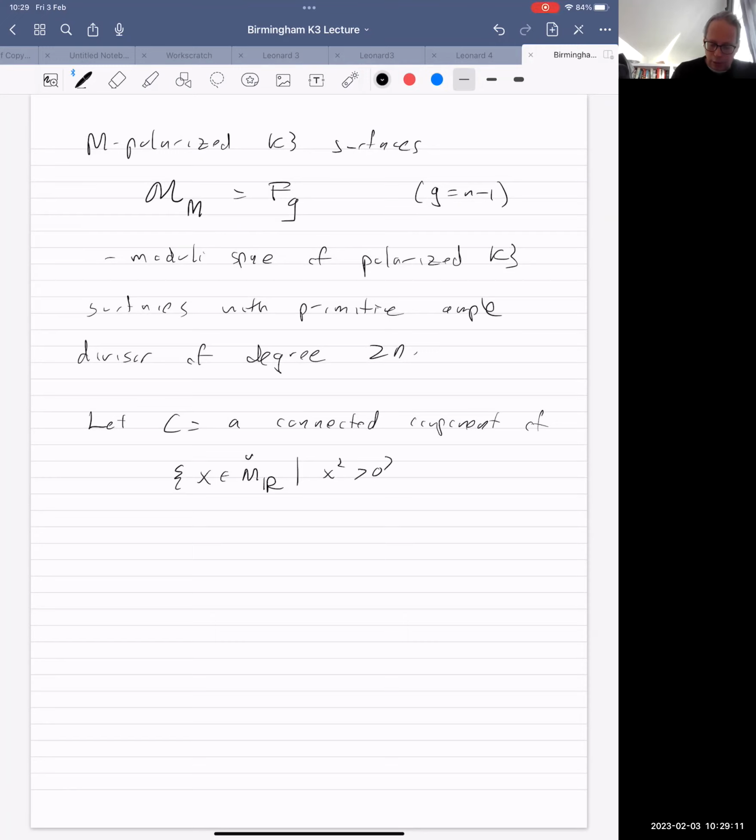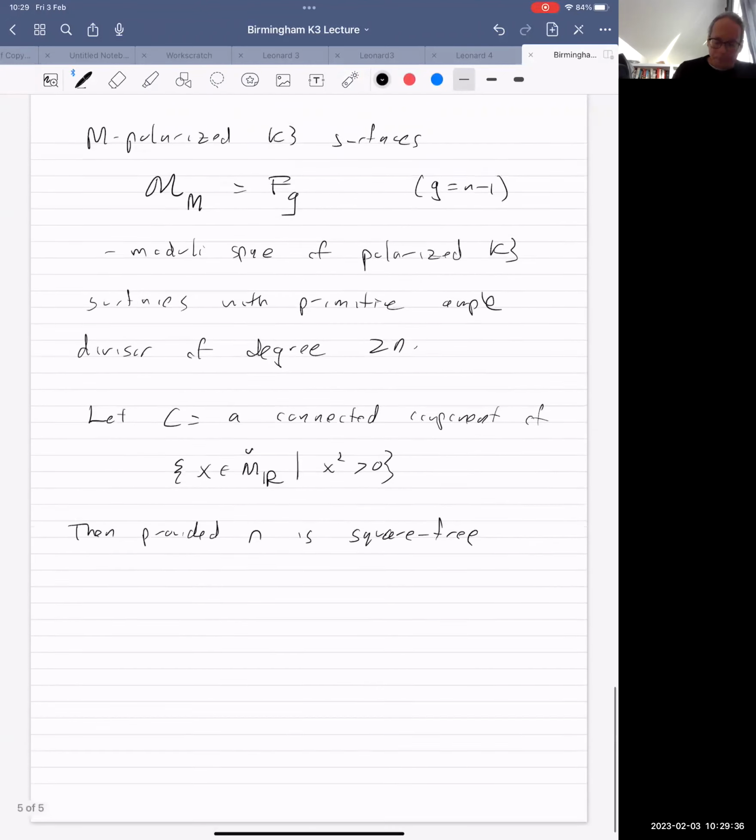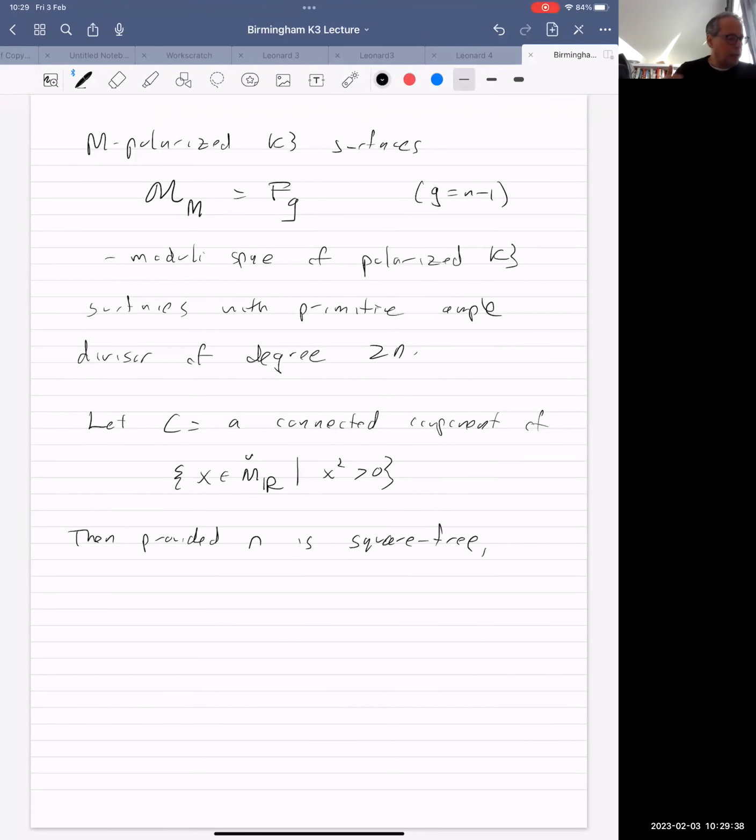and I want X squared to be positive. Because of the signature, a priori this set has two connected components, so we choose one of the two connected components. Then, provided N is square free, this is a technical assumption, and it reduces the amount of data we're going to need to specify everything.